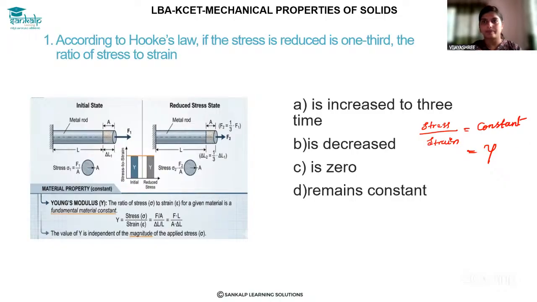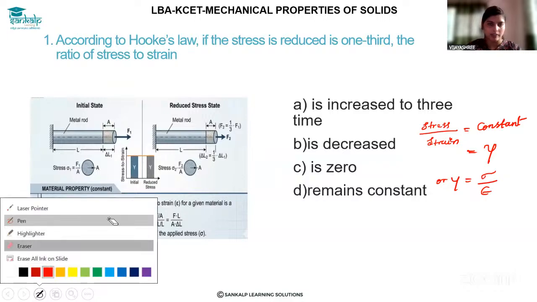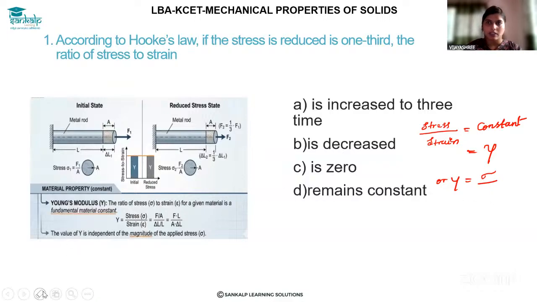Let us write this symbolically: Y equals stress divided by strain. I will denote stress by sigma, and strain by the symbol epsilon. Here Y is Young's modulus, sigma is stress, and epsilon represents the strain.